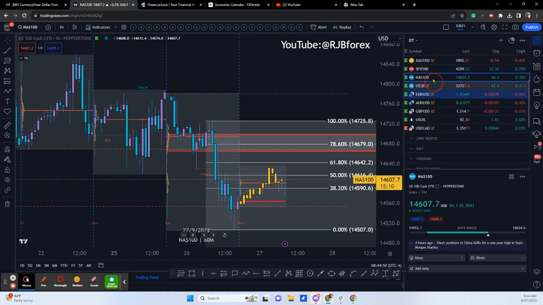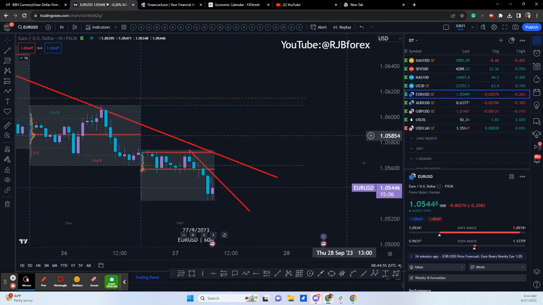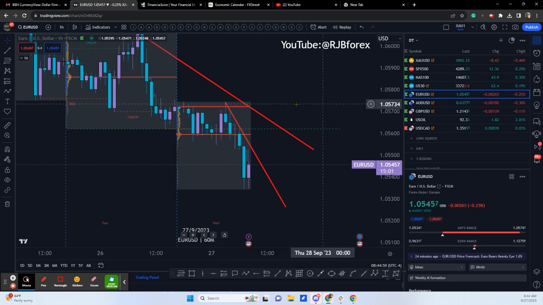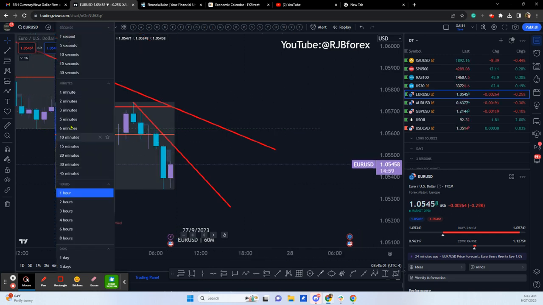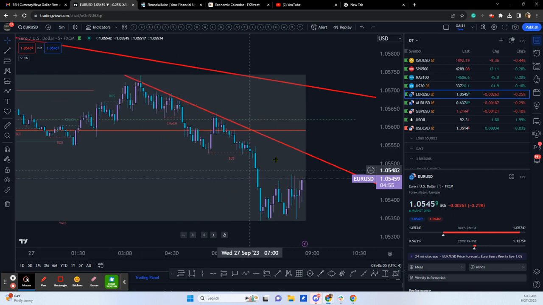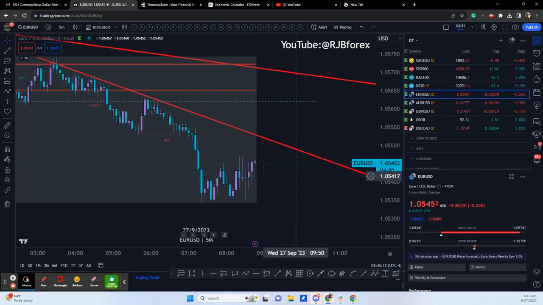The euro, we're looking for the move up in the euro. So dump, pump. We're monitoring this on a 5-minute chart, just checking to see how this is playing out. We're in a bullish scenario at the moment. W formation, prospects of a move up.